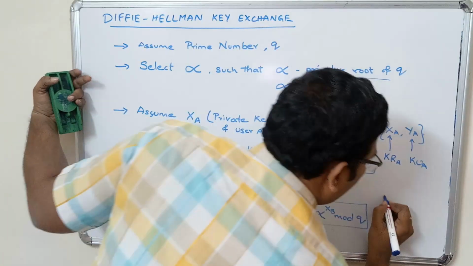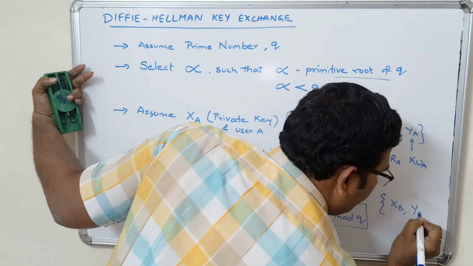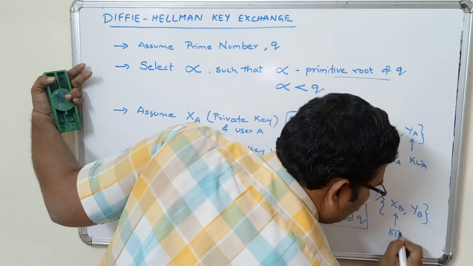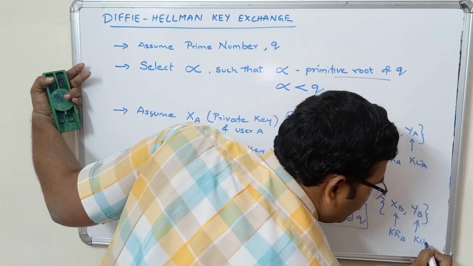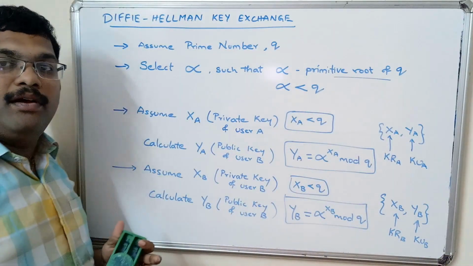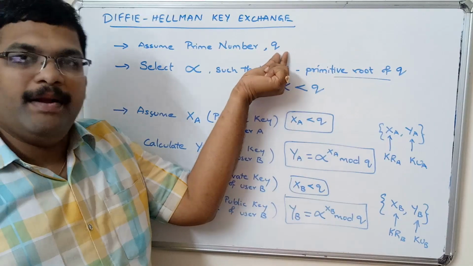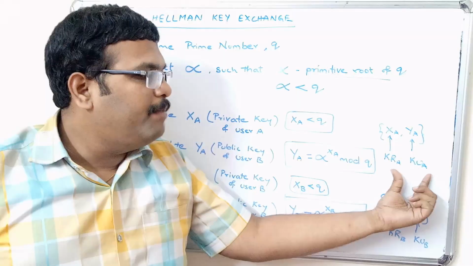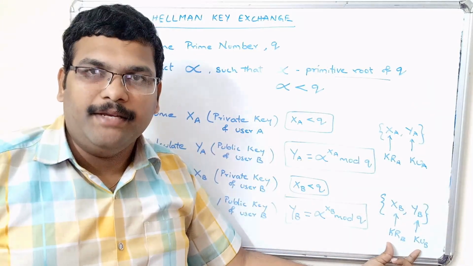And here we had XB comma YB. This refers to the private key of B, and this refers to the public key of B. So after the four steps, we had a prime number, a primitive root, a public key and private key of A, and a public key and private key of user B.